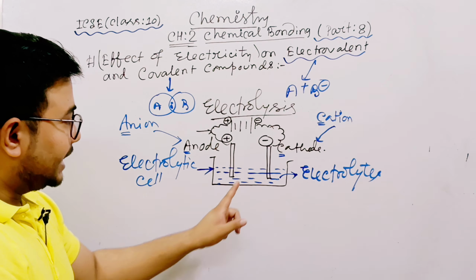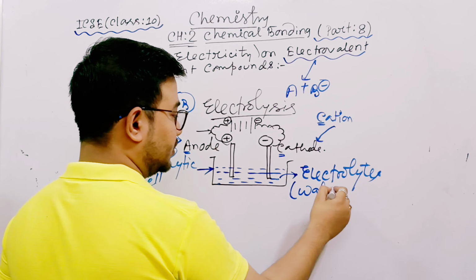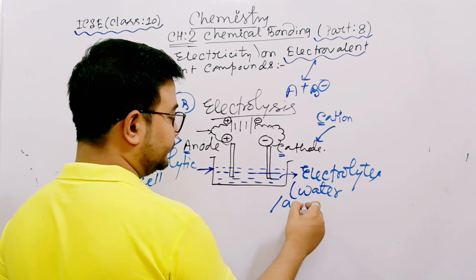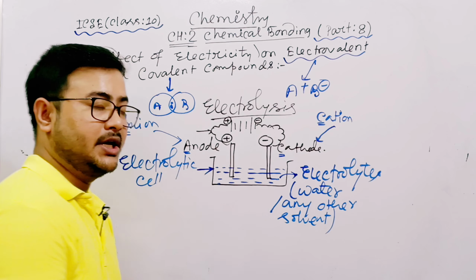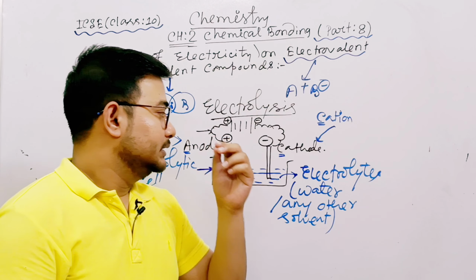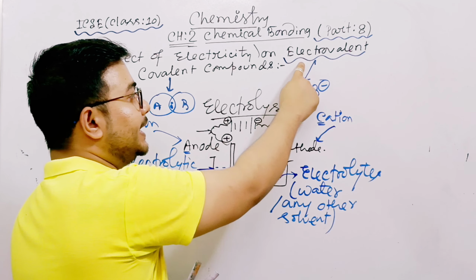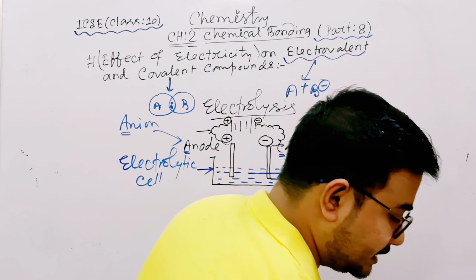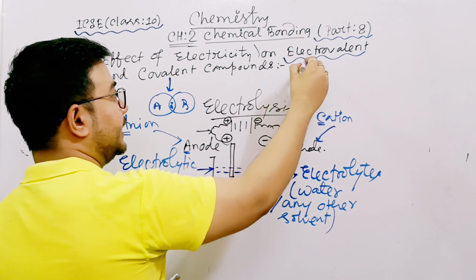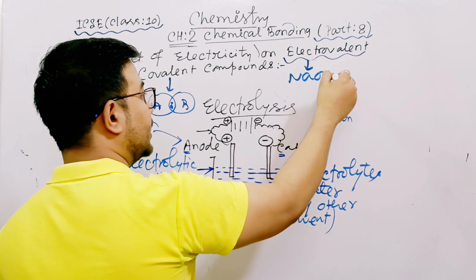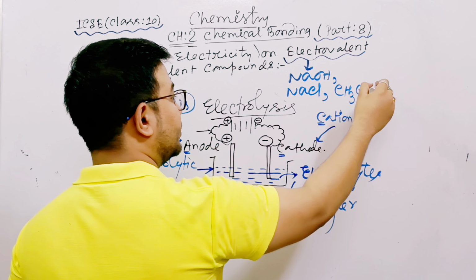Now suppose in these electrolytes, if I take water, not only water, you can take any other solvent based on the experiment. Now in these electrolytes, suppose you dissolve an electrovalent compound. What is the example of electrovalent compound? You can take NaOH, you can take NaCl, you can take acetic acid CH3COOH.